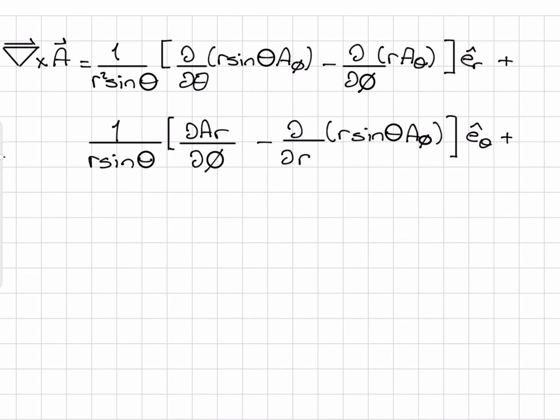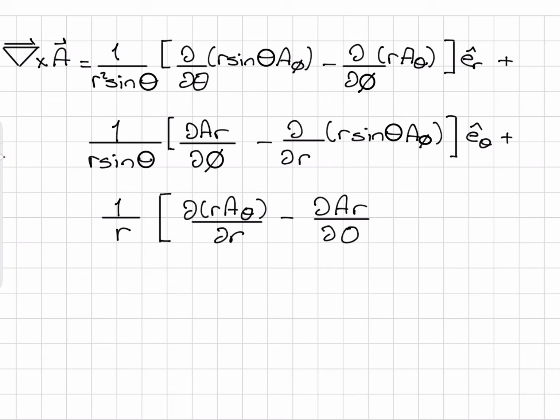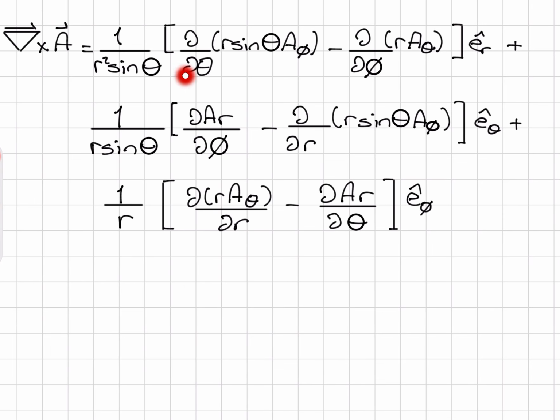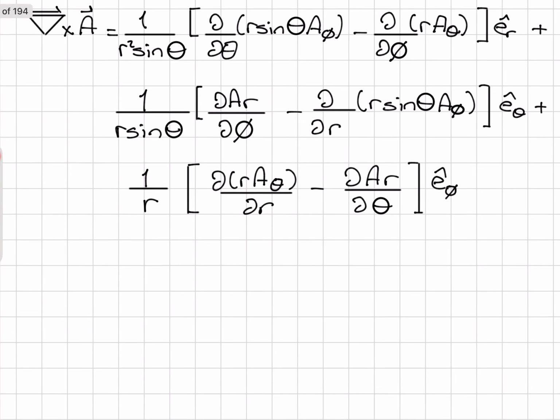So the third term will become 1 over r, ∂(r A_theta)/∂r minus ∂A_r/∂theta. This is in the e_phi hat direction.